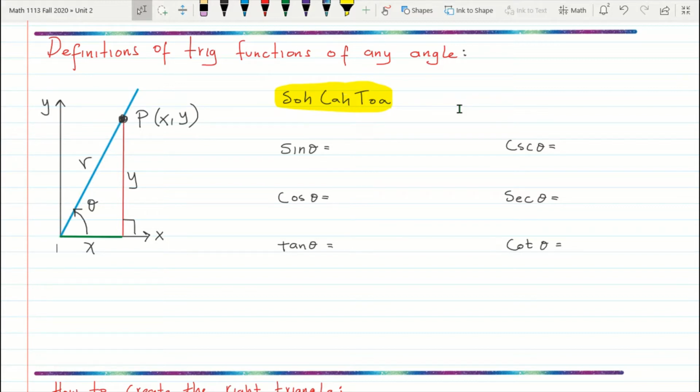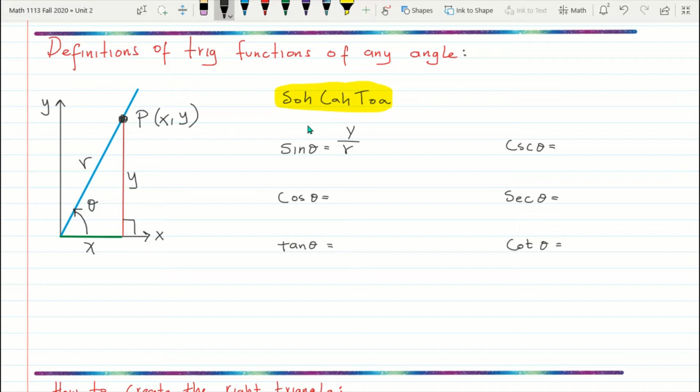Sine of theta, with theta being this angle here, is our reference. Sine is the opposite over the hypotenuse. So sine is the opposite, which is y, over the hypotenuse, so the length y over the length r.